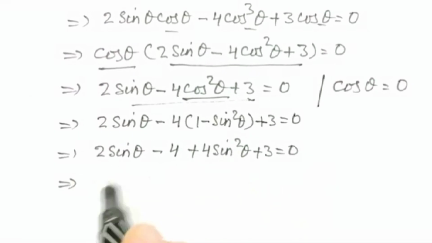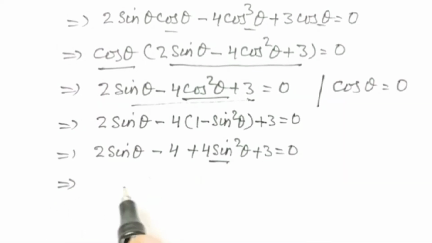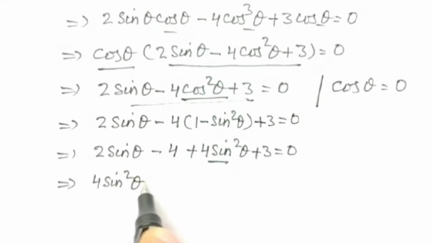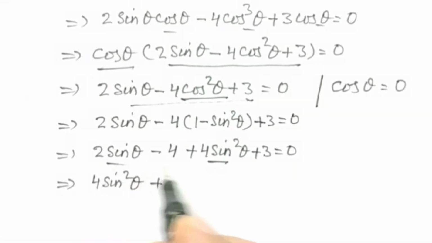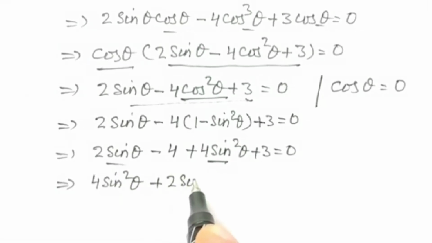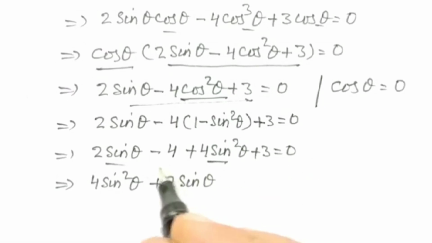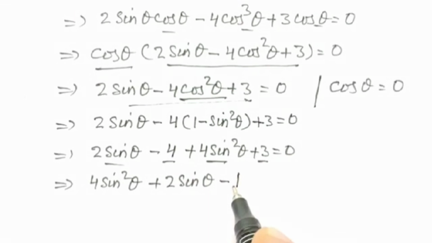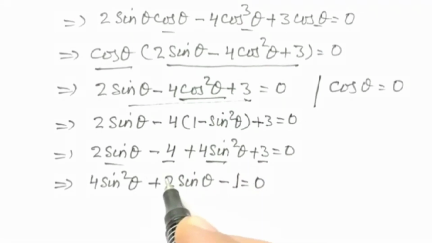If we rearrange the equation, 4 sin square theta plus 2 sin theta minus 1 is equal to 0, right?